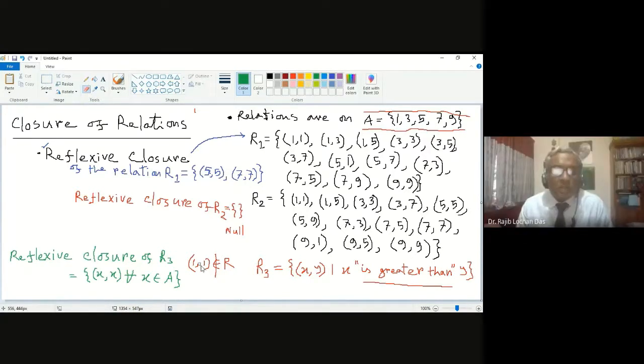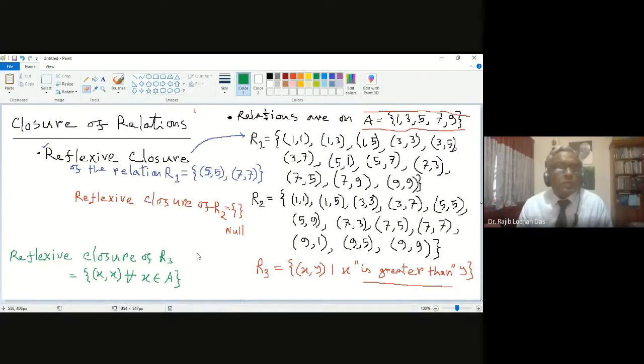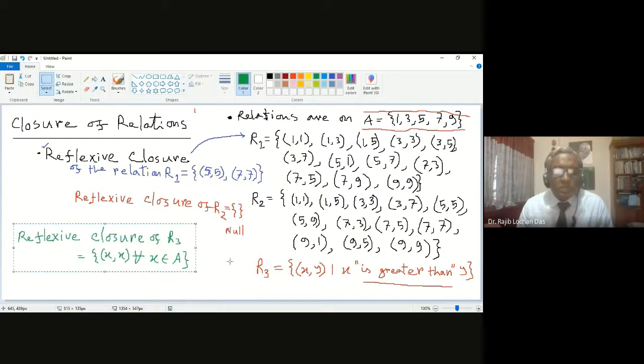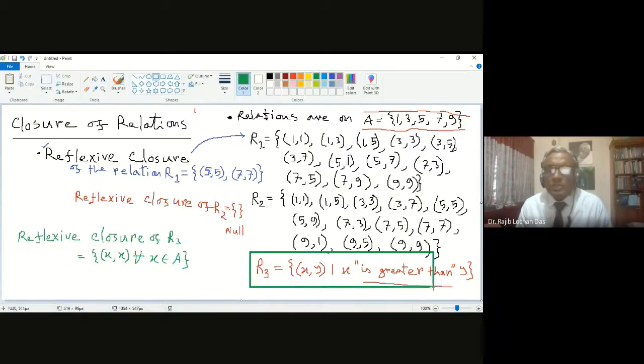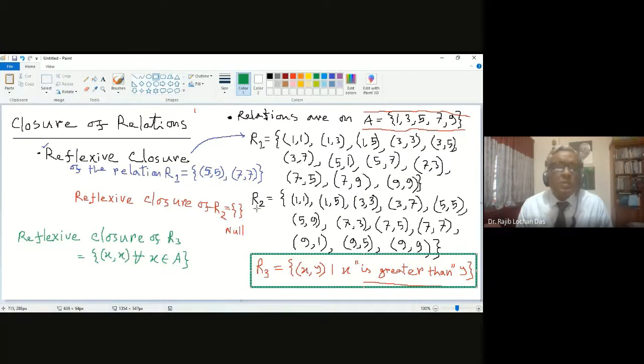Sir, for the last example, I have written this. Yes, tell me. Sir, the last line, I don't understand. Okay, I'm explaining this again. I have taken another example relation, that is R3. In the R3 relation, there is no reflexive item, not a single one.